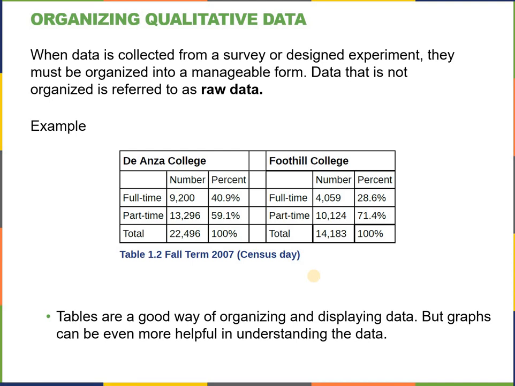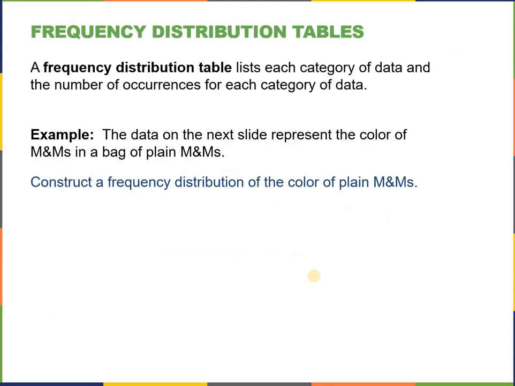So again, these tables represent nicely organized data, but sometimes visualizing the data in graphs will be more helpful. We will discuss that as we move with the tools we're going to use to organize and visualize our data.